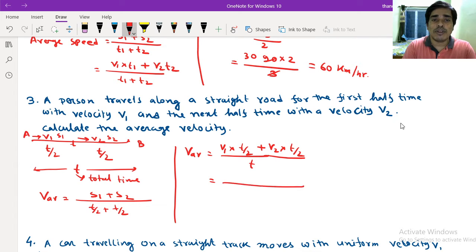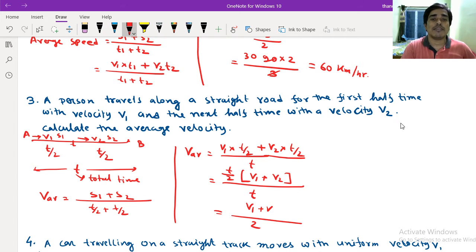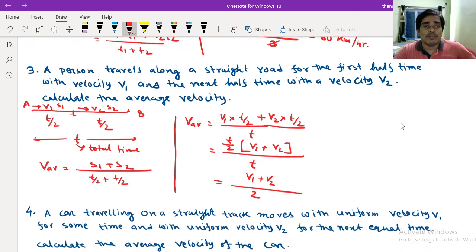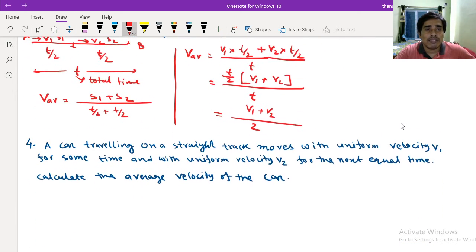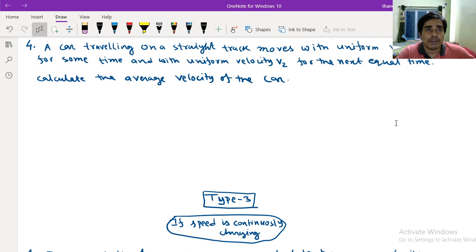So t by 2 is common, then it will be v1 plus v2 and here is t. T will cancel out, so average velocity will be v1 plus v2 divided by 2.